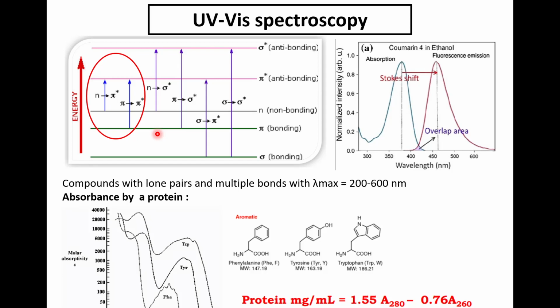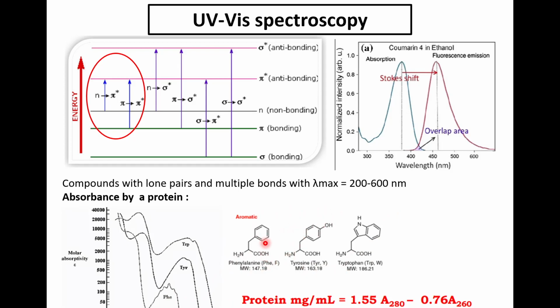So any compound with this kind of absorption, that is, a lambda max value from 200 to 600 nanometer, can be visualized, and the spectroscopy which can be used for this is UV visible spectroscopy. Just like the absorbance of a protein that we discussed, if you see the molar absorptivity versus wavelength spectra, you see that there are different aromatic amino acids, as I mentioned.